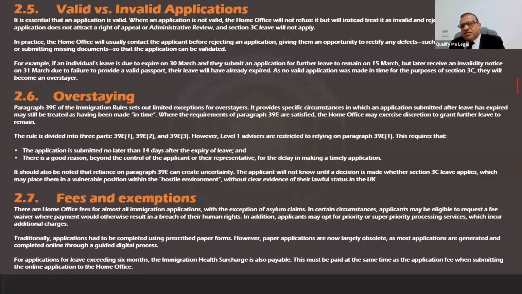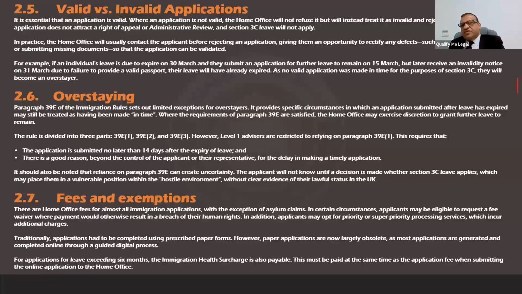So make sure to submit a valid application. If you have submitted an invalid application, and the individual or your client has become an overstayer, it will be a big issue, and your client or you yourself will not have the protection of Section 3C.